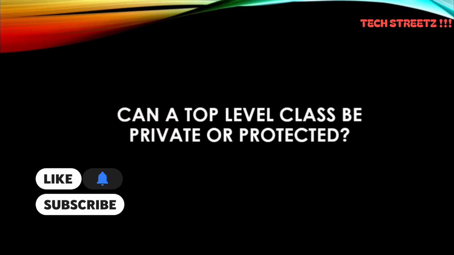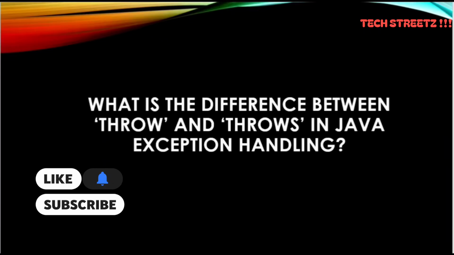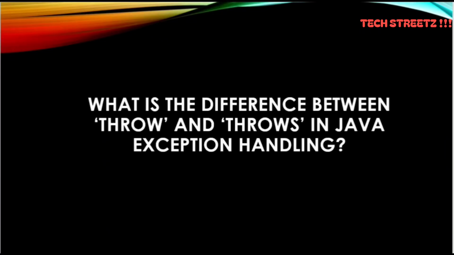What is the difference between throw and throws in Java exception handling? The throw keyword is used to throw an exception from any method or static block, whereas throws is used to indicate which exception can possibly be thrown by this method.